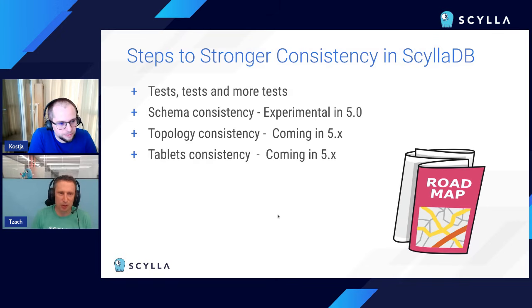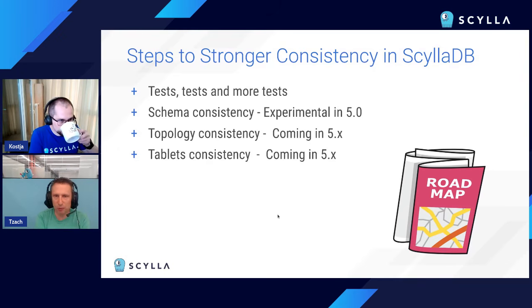So thanks, Kostya. Just to recap the current status of the Raft implementation. The Raft implementation is included in Scylla 5.0. You can, right now or after this session, download a Docker instance, for example, of Scylla 5.0 release candidate, enable Raft and actually use it.